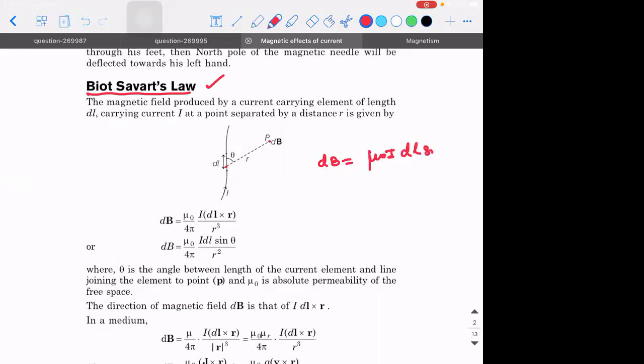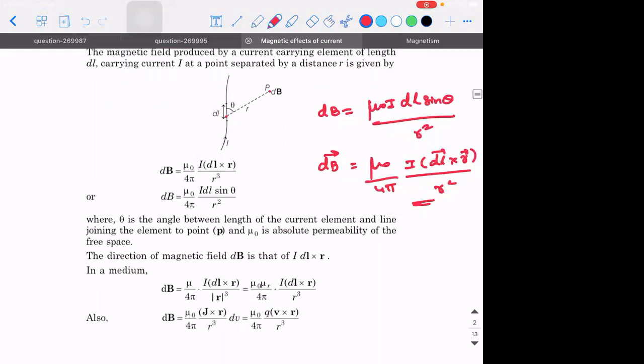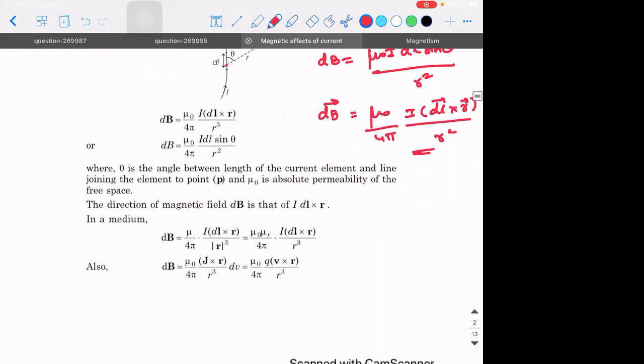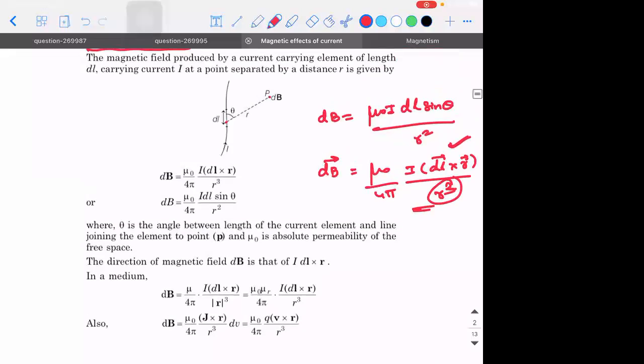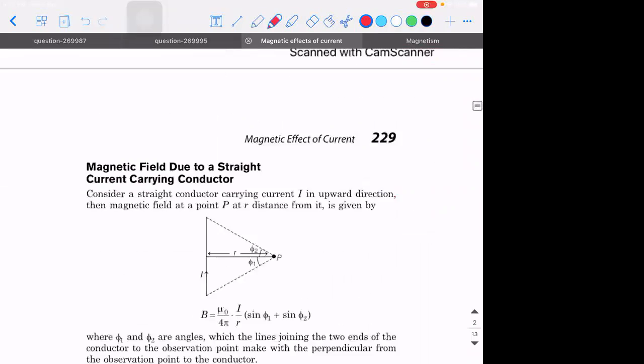Mu naught I dl sine theta, the whole divided by r square, or dB as a vector is given as mu naught divided by 4 pi, I into dl vector cross r vector, the whole divided by r square, right? Sorry, by r cube. When you have a cross product, the denominator is r cube. When you write it in the scalar form, the denominator is r square. So that's a known formula.